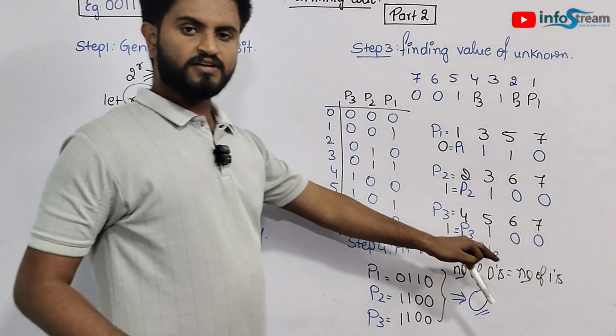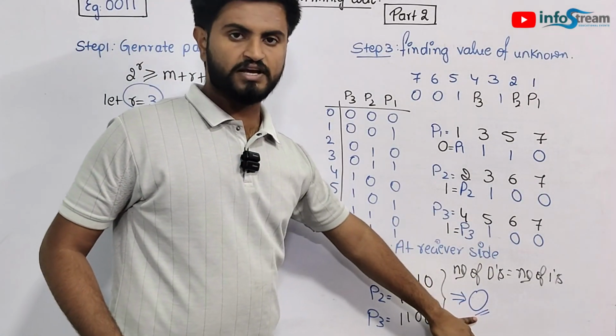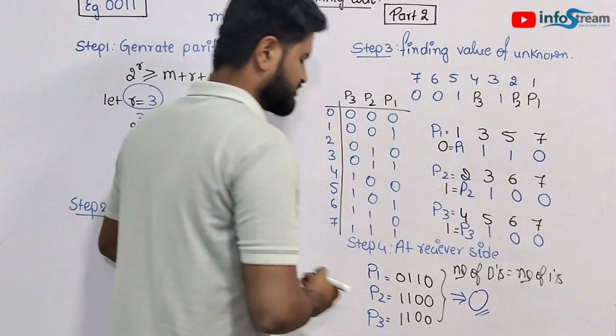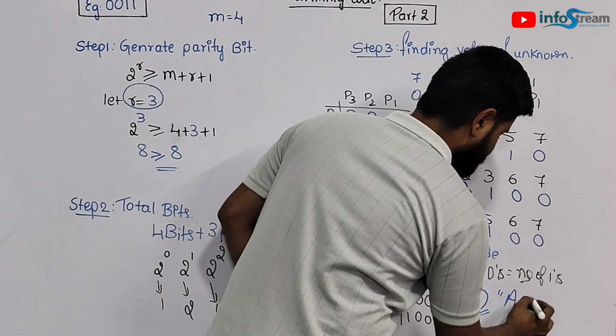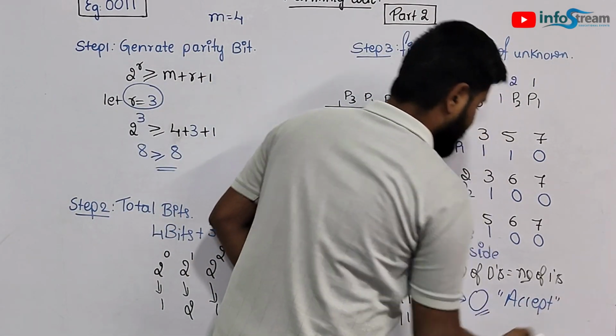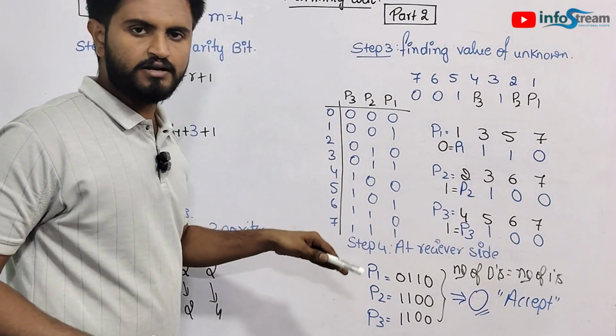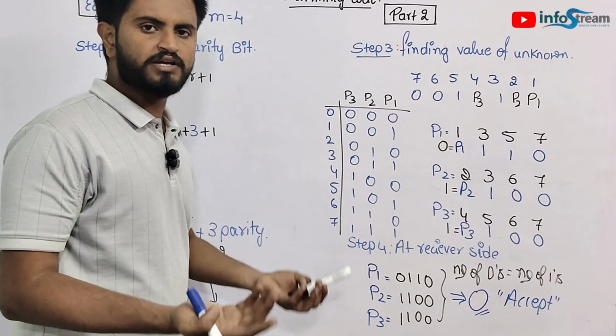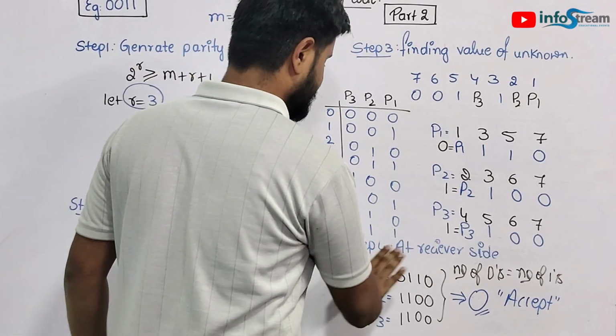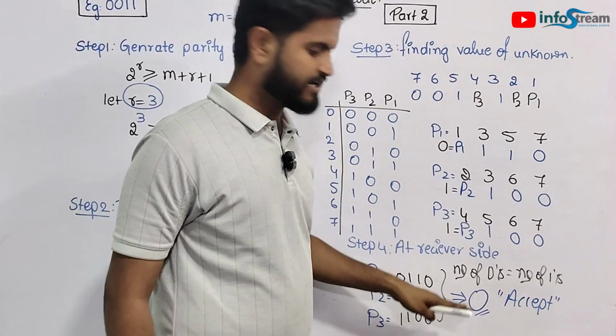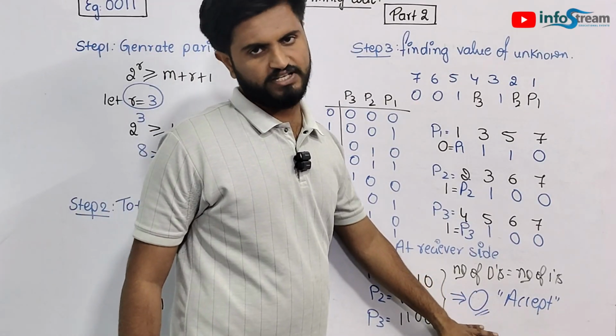When the receiver side is assigned 0 as the last answer, you can conclude that the message is accepted at the receiver side and it does not have any error. That is, error is detected or corrected, or it may not have any error in this problem, and it has been accepted at the receiver side since we got 0 as the final answer.